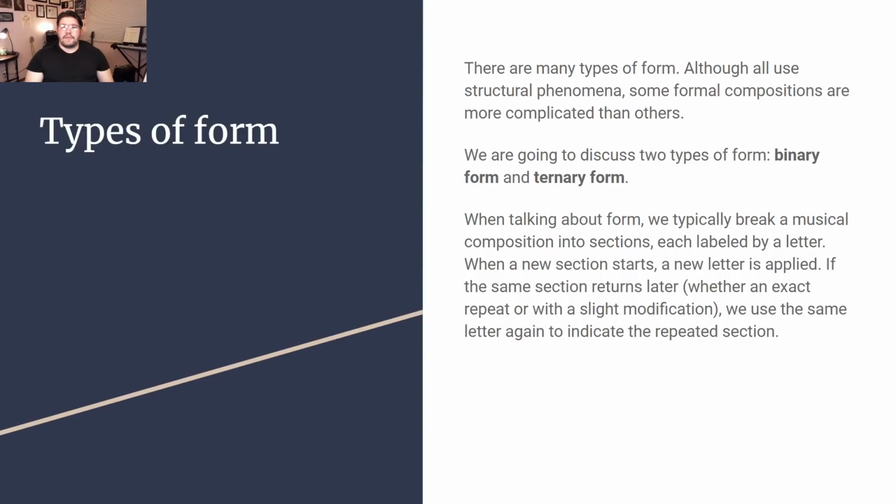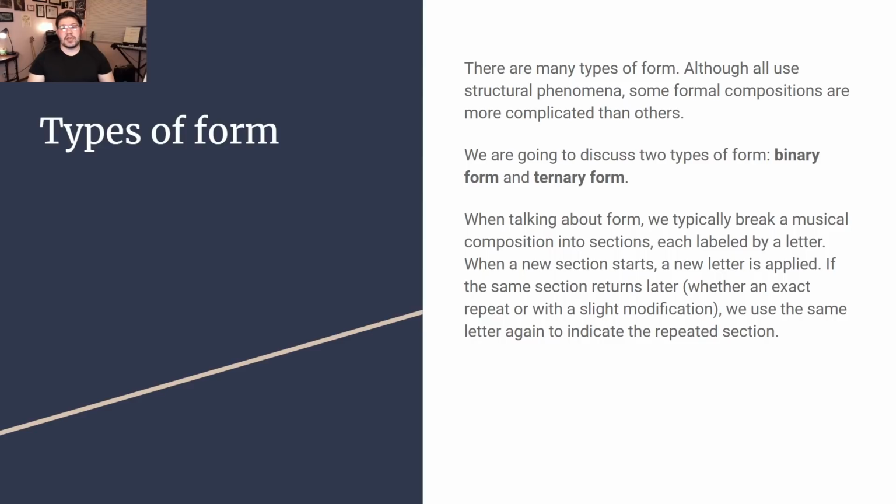But when talking about form, we're typically going to break a composition into sections. Rather than looking at the entire thing all at the same time, we are going to look at smaller pieces to help us manage what we are seeing. Each is going to be labeled by a letter. Every time you get something new, a new section which is different from the one before, we are going to apply a new letter.